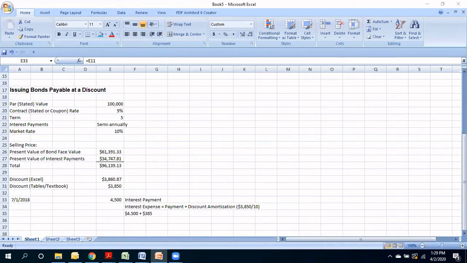My focus here is less about journal entries and much more about your understanding of what we've done. So we have additional interest expense in the form of a discount. That interest expense is spread out over the life of the bond. And at the end of the bond term, we are paying back $100,000.